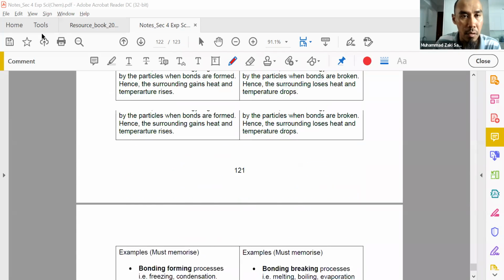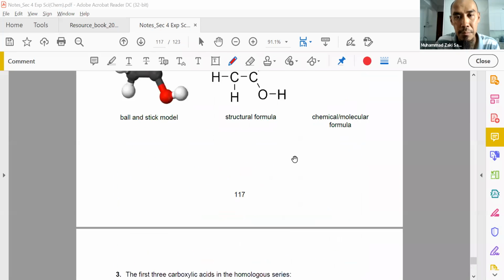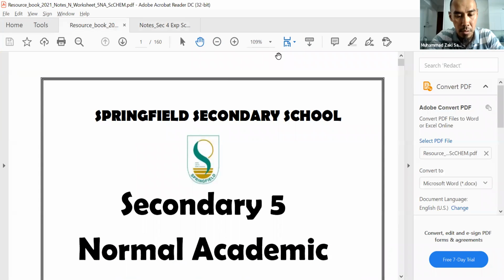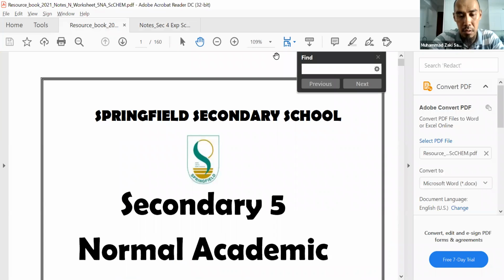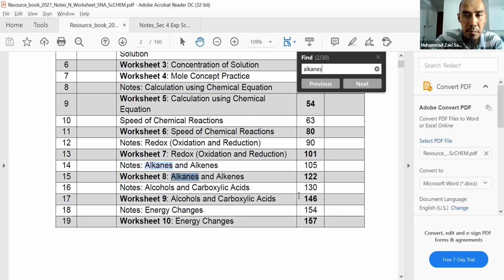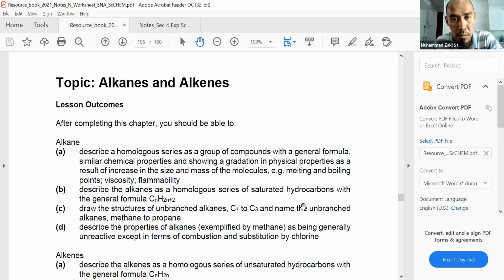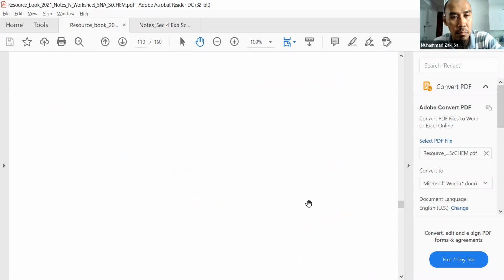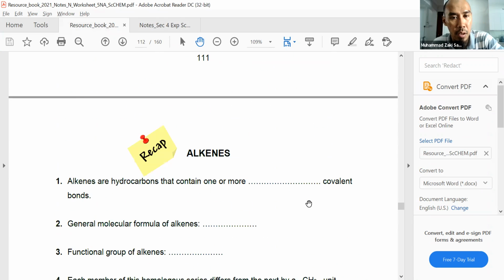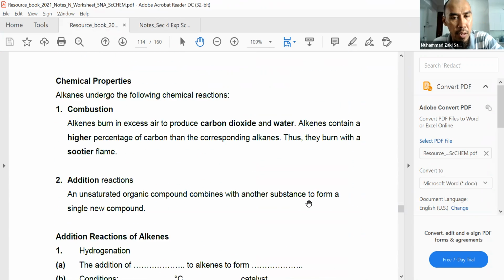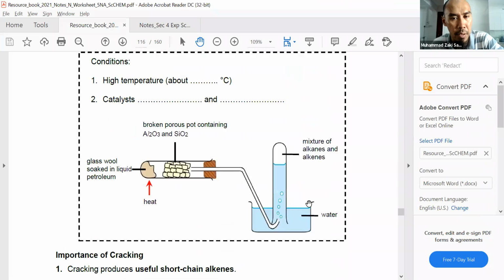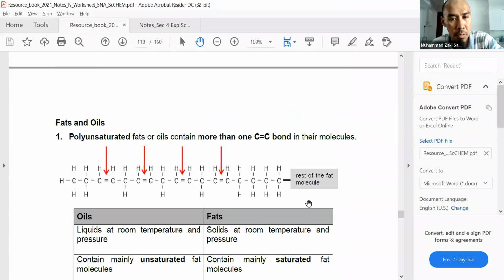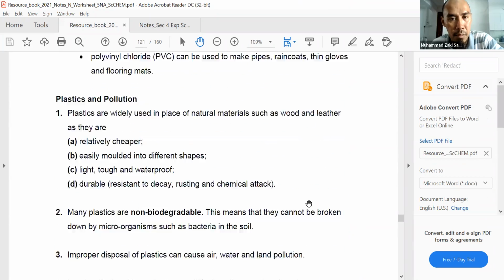Oh, sorry, wrong book. I hope it's the same, because this book, 5NA, I compiled. The 4E is a Miss compile. So be patient.